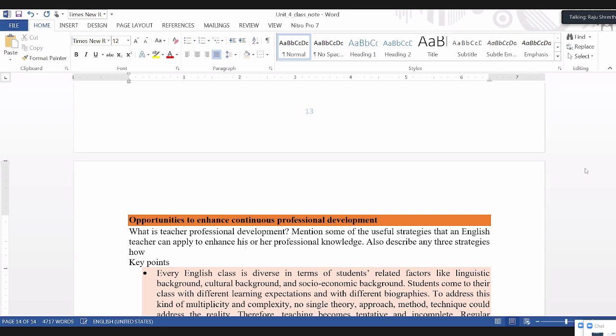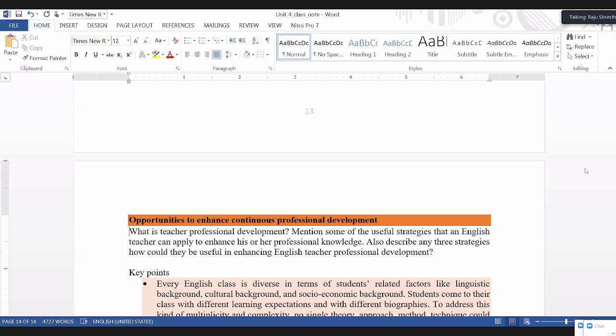How could they be useful in enhancing English teacher professional development? How could they? Question mark.